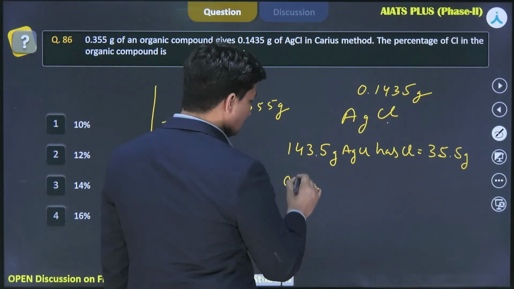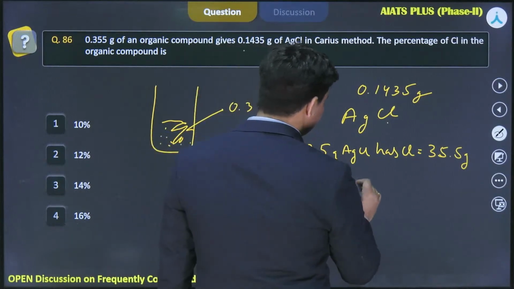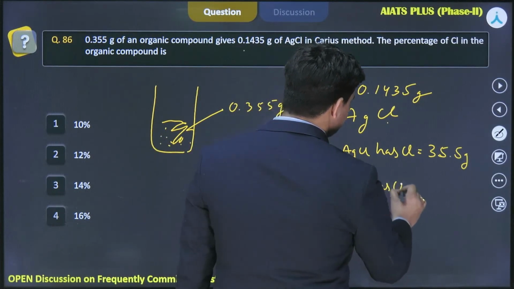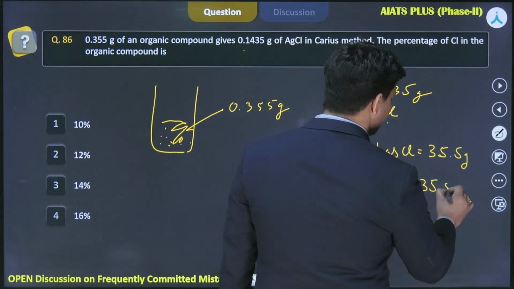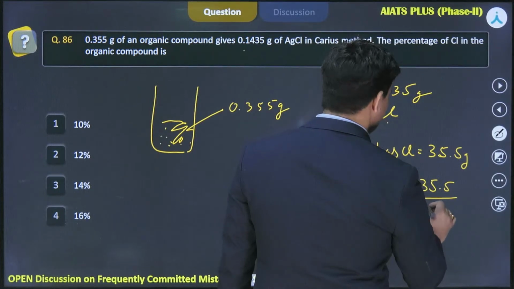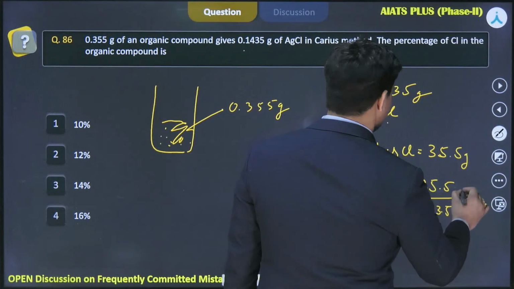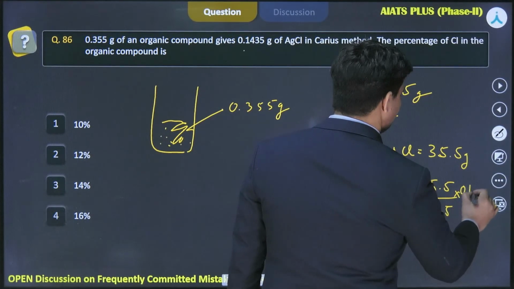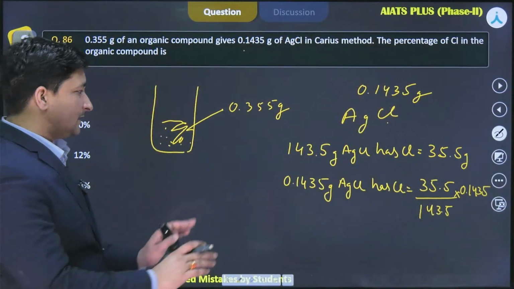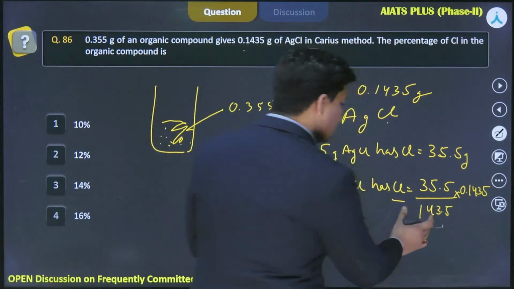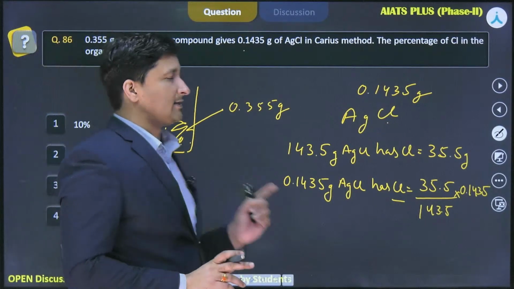So 0.1435 gram AgCl has Cl equal to 35.5 divided by 143.5 multiplied by 0.1435. Now this is the actual amount of chlorine that was present in our organic compound. So we have to find out the percentage of Cl.